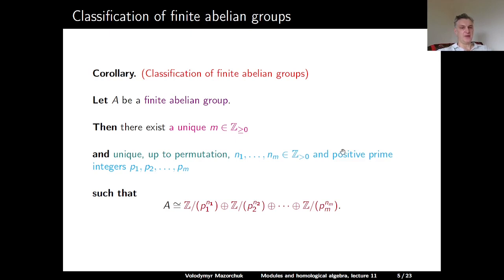We know that if m is equal to 0, then this direct sum is empty, and by convention this gives us the one-element group, the cyclic group of order 1.